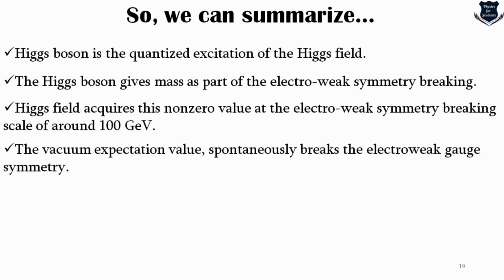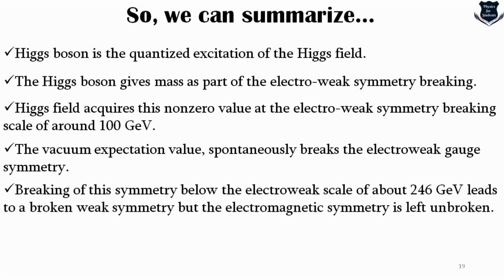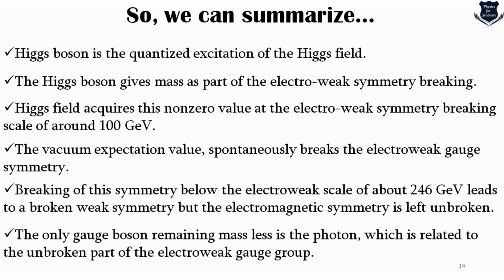The vacuum expectation value actually breaks the electroweak gauge symmetry. Breaking of this symmetry shows the electroweak scale of about 246 GeV, which leads to a broken weak symmetry, but the electromagnetic symmetry is left unbroken, and because it is left unbroken, the only gauge boson remaining massless is the photon, which is related to the unbroken part of the electroweak group.